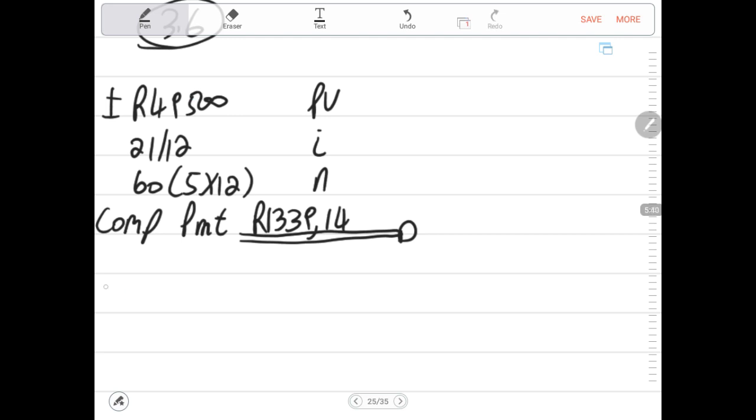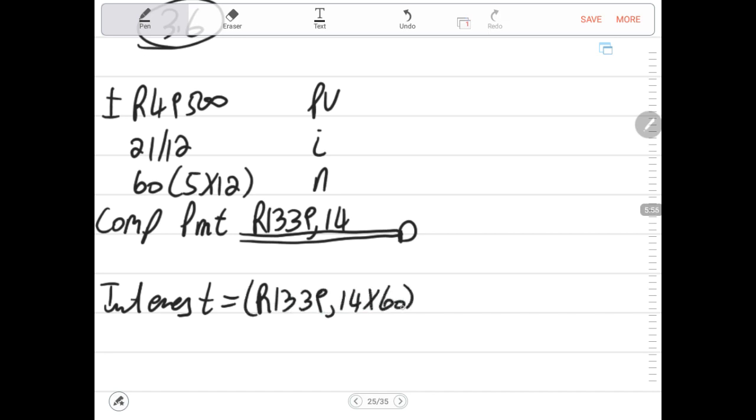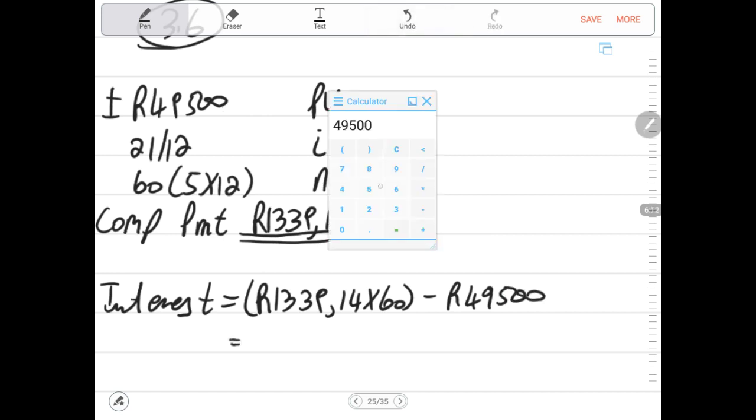Then we need to say now interest is equal to 1,339.14 times 60, which is the number of payments, minus the amount that he was owing, which is 49,500. This was the cash value that he was owing. But let us look at the total payments that he made. 1,339.14 times 60.